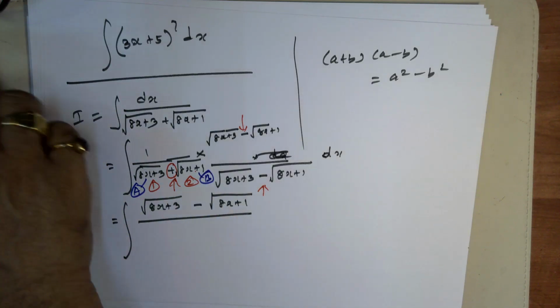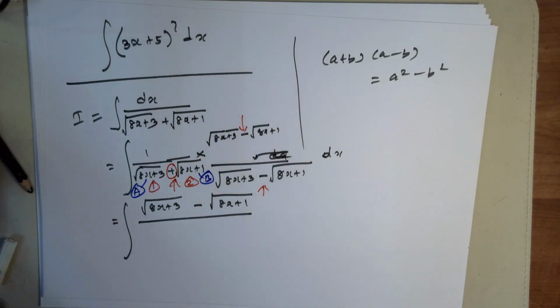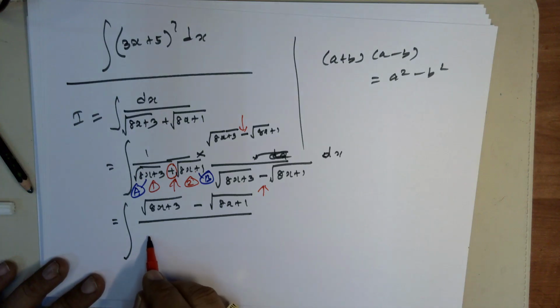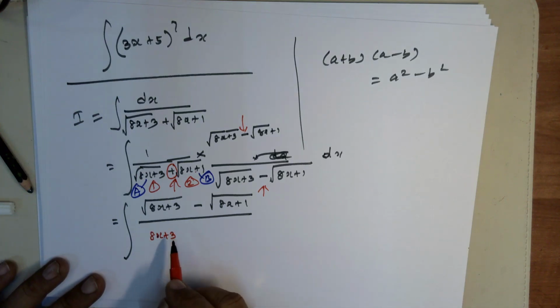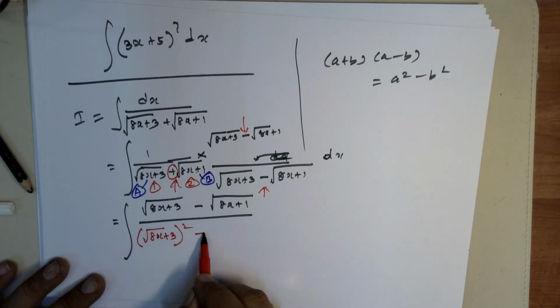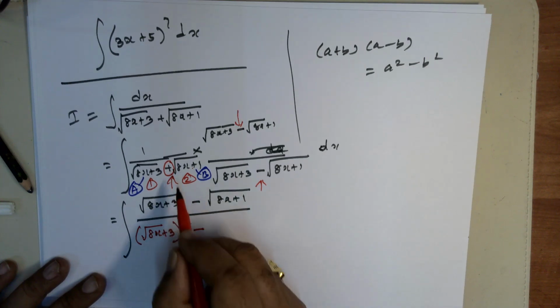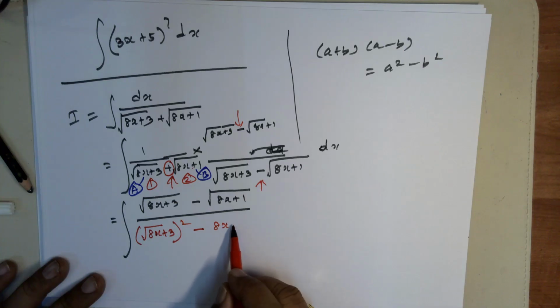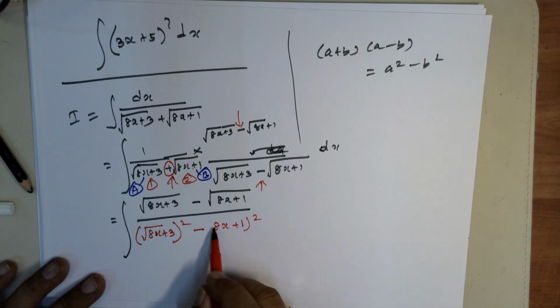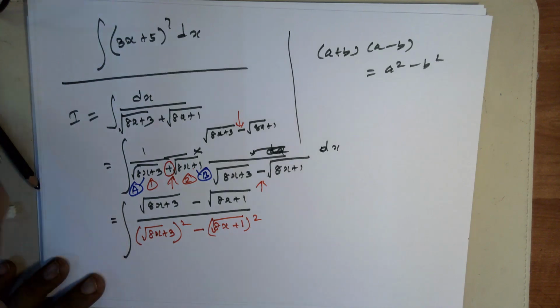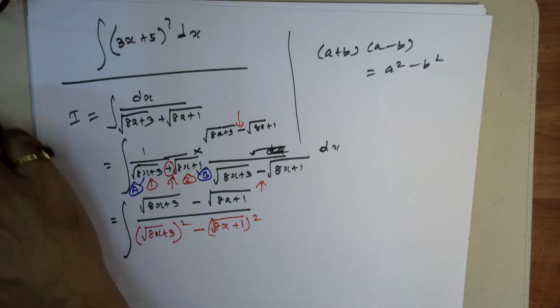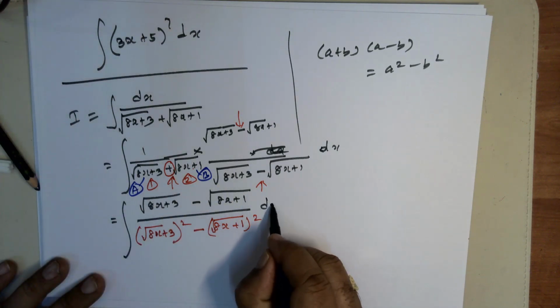So a squared means the square roots are eliminated. This is nothing but (8x plus 3) minus (8x plus 1), the square roots eliminated here. So you can retain dx.